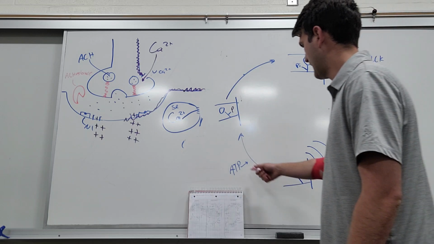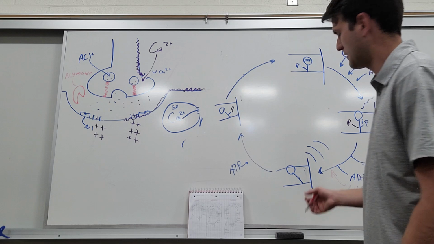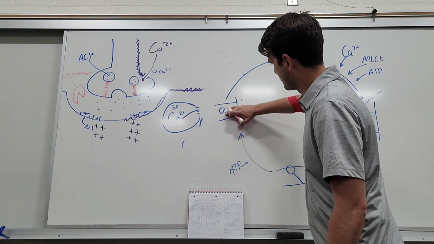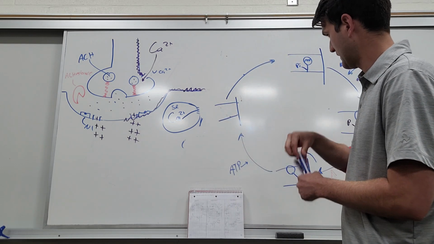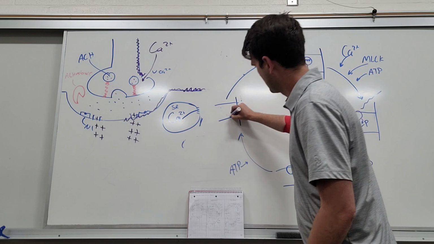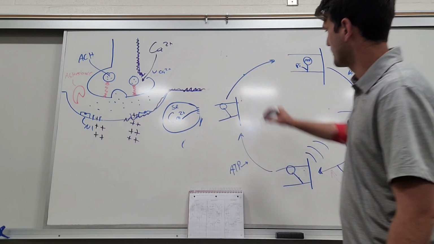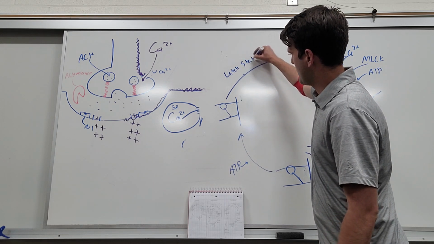So it's still going to go through the movement. We're still going to add ATP, but ATP is going to have a hard time binding now. It's going to be kind of locked up. And so what that causes is this is still going to be bound there, and this is what's called now our latch state.